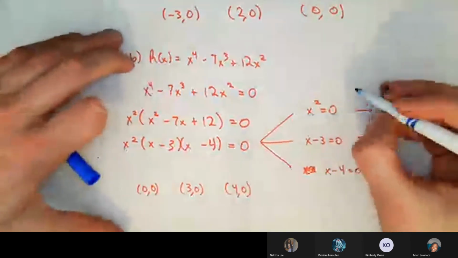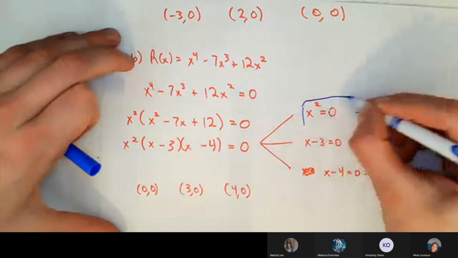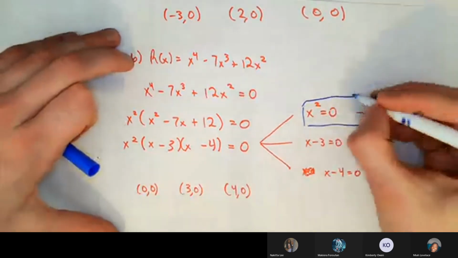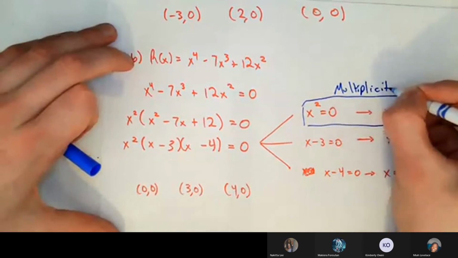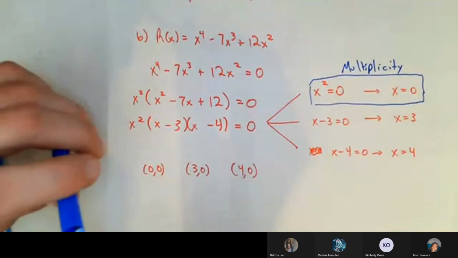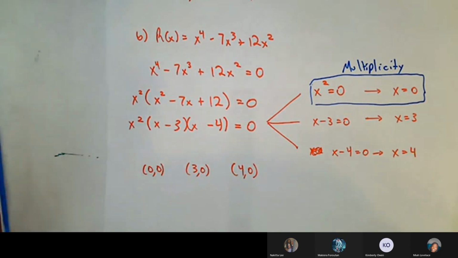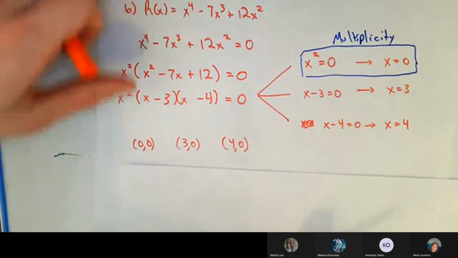Next time I want to investigate this issue, because there is something to say here. It's called multiplicity. But we'll save that for next time. Let's get this last example done. Part C, and then we'll be done for today.